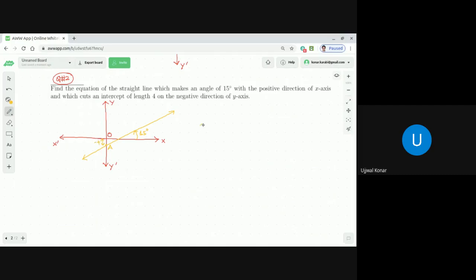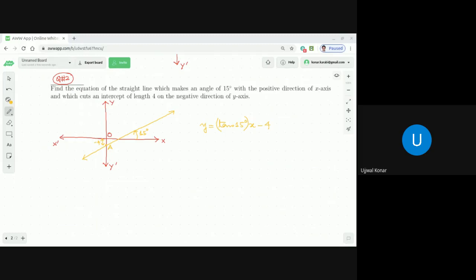So what is the equation we are getting, dear students? y is equal to m x, tan of 15 degree into x minus 4. Correct or not? Any doubt, please do let me know.